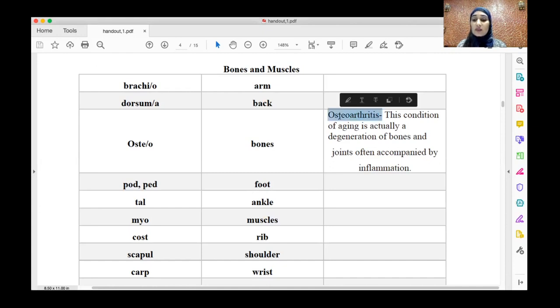And osteo means bones. This medical term means the condition of aging, and it's actually a degeneration of bones and joints, but it's accompanied with inflammation. So let's take it again here. Let's divide it again.